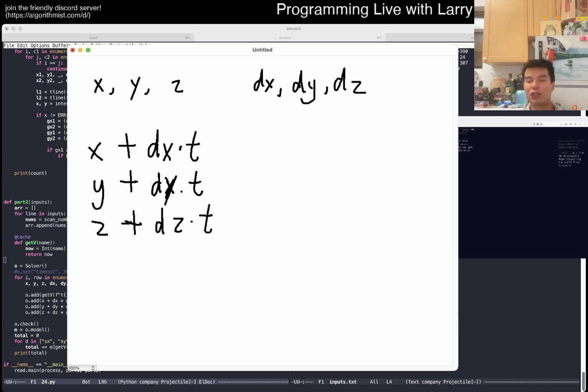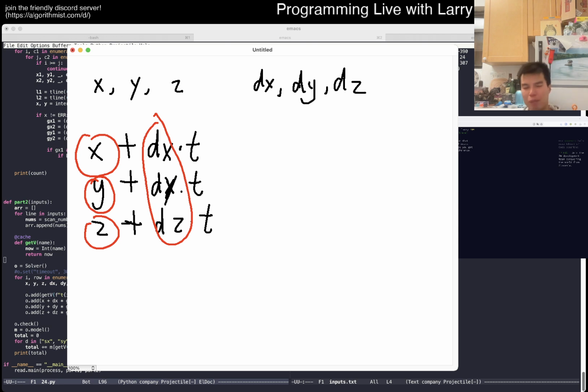And then what you're doing is, let me change colors real quick. Of course, this is a number, this is a number, these are numbers, right? So you basically just have some number plus another number times time. So what does that mean?